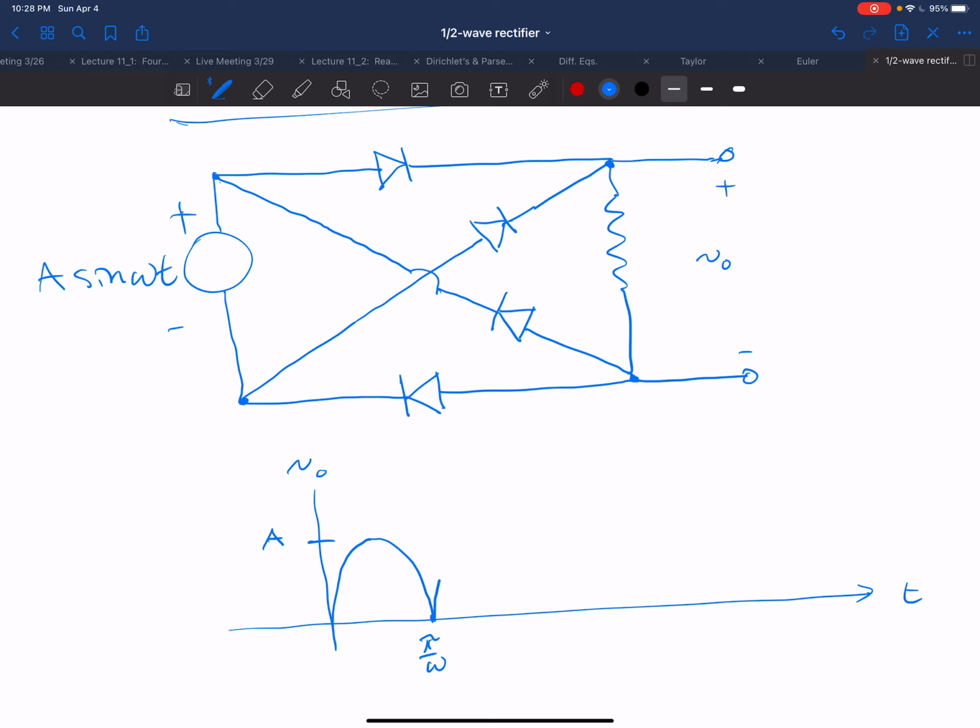So we'll just get another one of these half sinusoids for the next half period, and so on. So intuitively this looks a lot better. This gets us closer to the DC voltage that we would like to have.